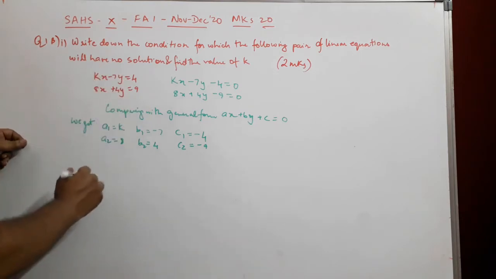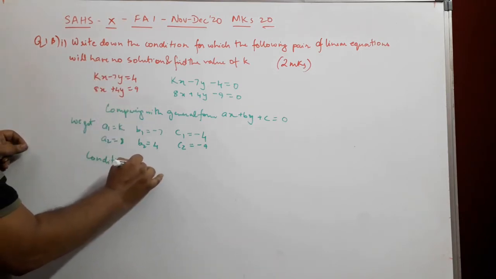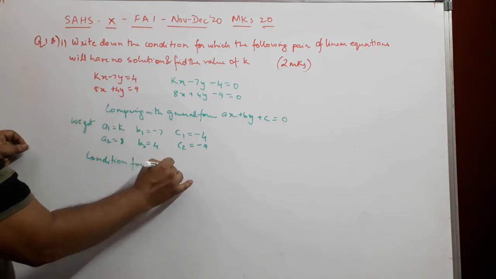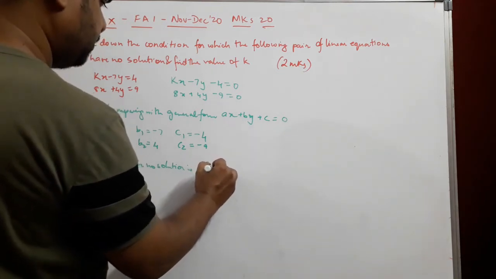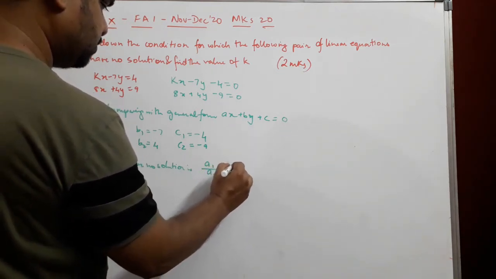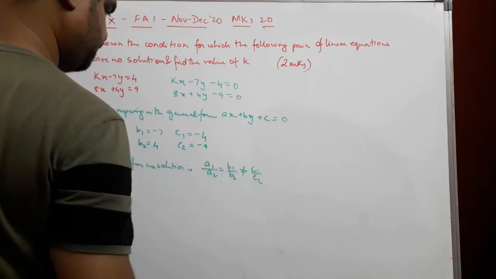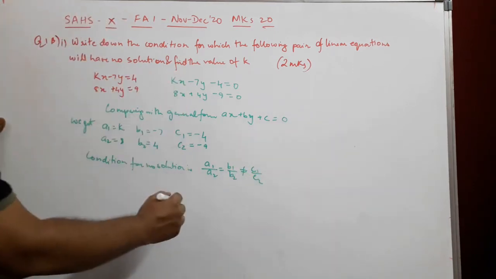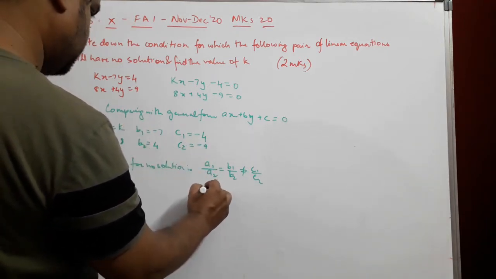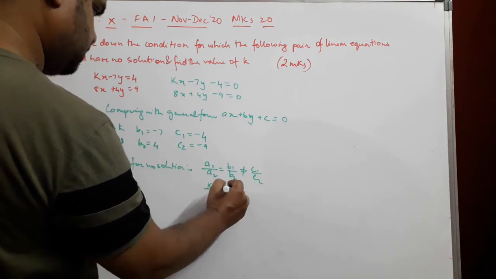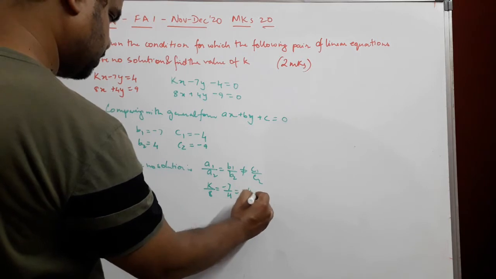Now the condition for no solution is a1 upon a2 equal to b1 upon b2 is not equal to c1 upon c2. If we substitute these values, we get k upon 8 equal to minus 7 upon 4, not equal to minus 4 upon minus 9.